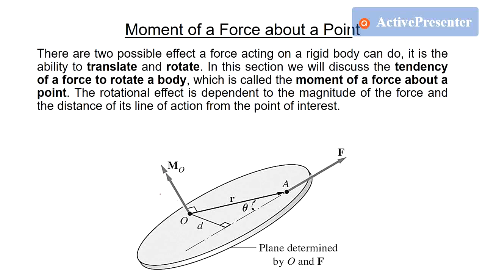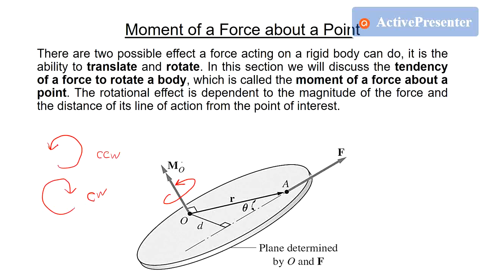In other cases, the moment of a force, especially in two-dimensional problems, is represented with a rotating arrow, a rotation like this one. It may also be this one. So it may be counterclockwise or clockwise, depending on the location of the force from the point of application.